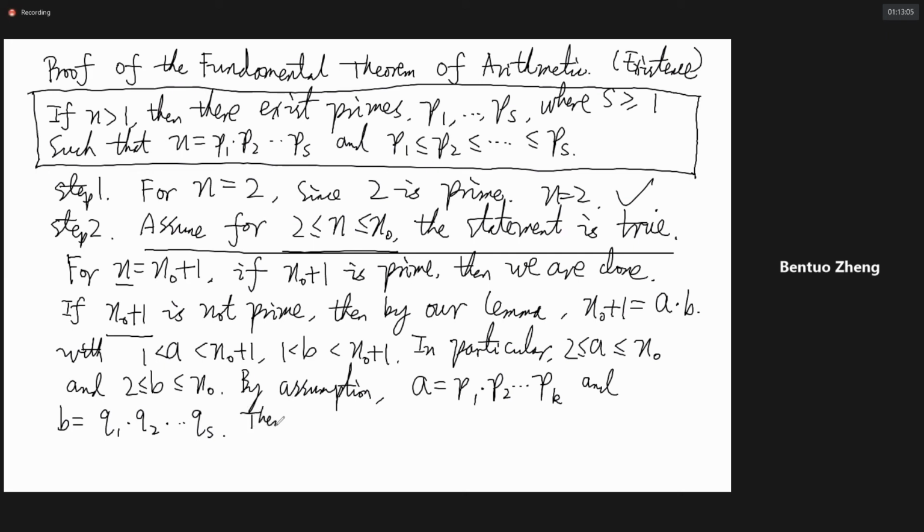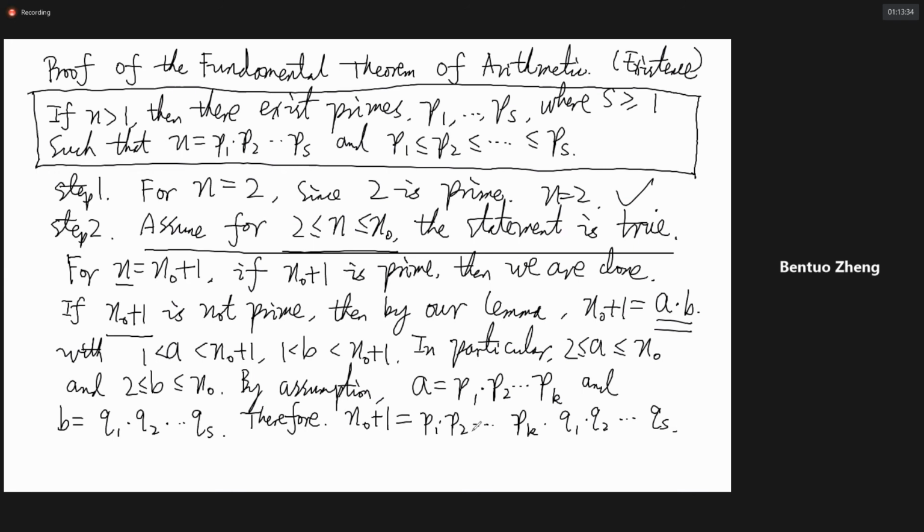Therefore, you have n0 plus 1, because n0 plus 1 is A times B, equal to P1 times P2 times ... times Pk times Q1, Q2, ..., Qs. So we get a prime factorization of n0 plus 1.